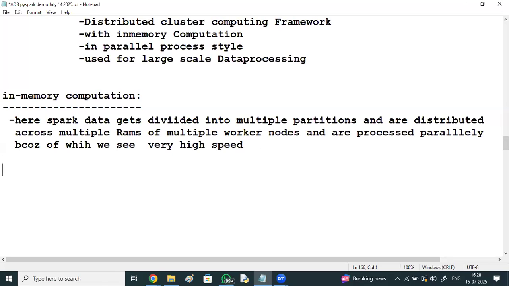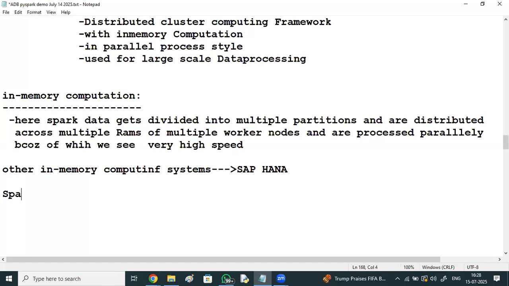Other in-memory computing systems, SAP HANA, right?